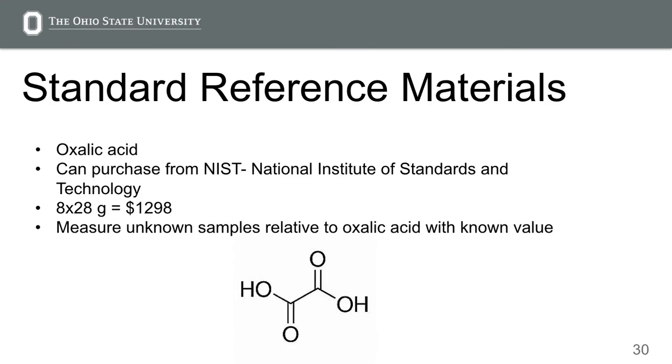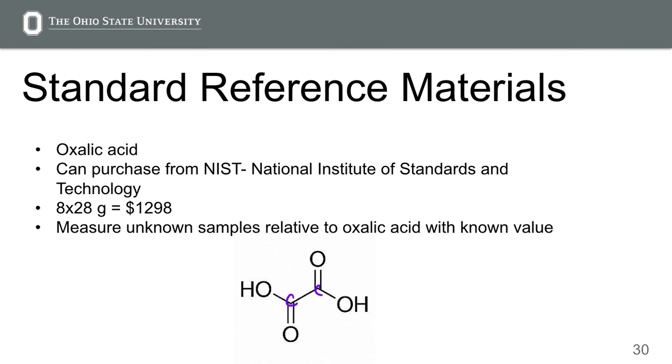There are also reference materials that you need for this type of carbon-14 dating. You have to have a known value to compare. And I think really the only interesting thing here is that you can buy a standard from the National Institute of Standards and Technology, NIST. They're based in the DC area. This is oxalic acid, and though you can't see it, there are carbons right here.